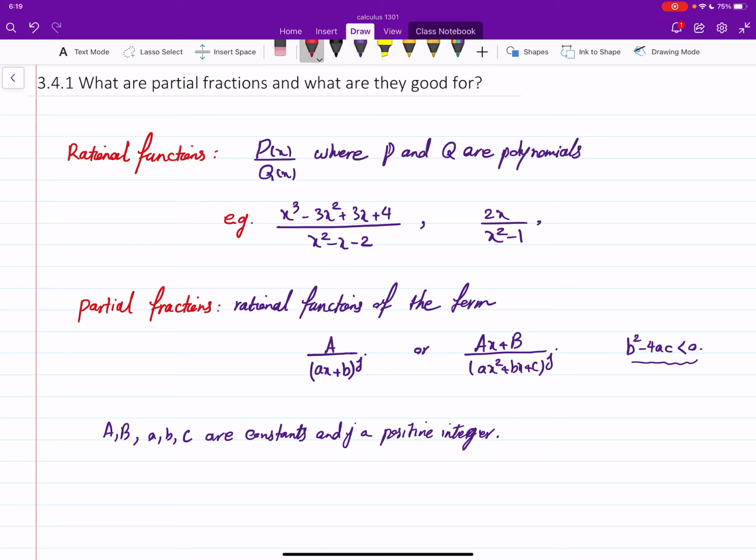Sometimes you will see me calling these ones powers of linear, meaning partial fractions with powers of linear in the denominator, and these ones I will call powers of quadratic, in other words, partial fractions with powers of quadratic in the denominator.